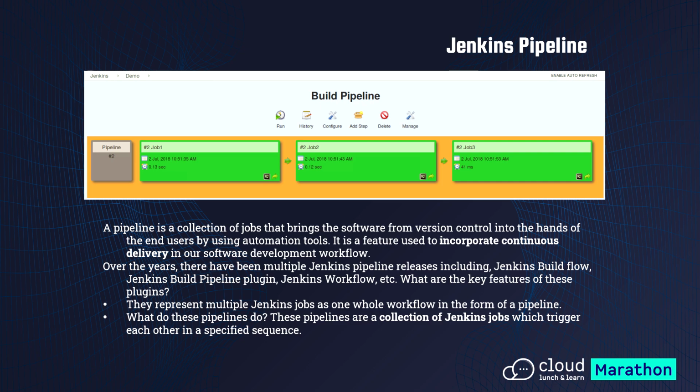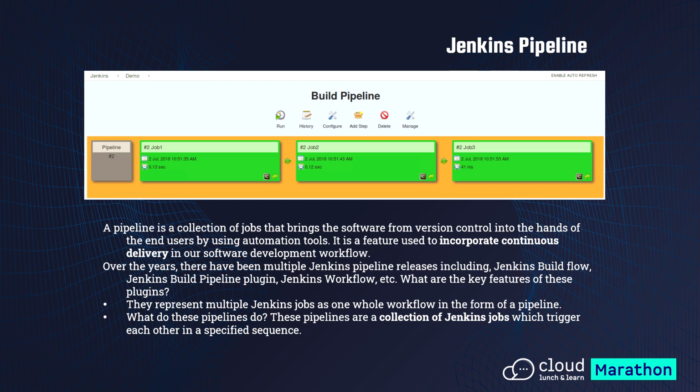It is a feature used to incorporate continuous delivery in our software development workflow. Over the years, there have been multiple Jenkins pipeline releases, including Jenkins Build Flow, Jenkins Build Pipeline Plugin, Jenkins Workflow, etc.